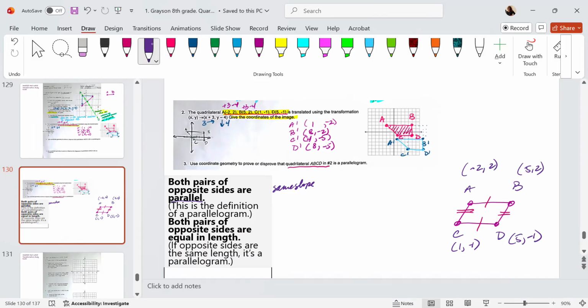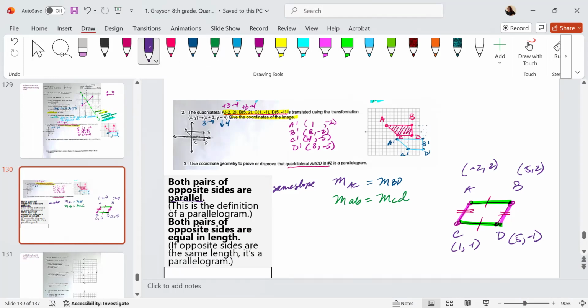Which sides are we going to look for the slope? Slope of AC has to be the same slope as which other? BD. Slope of AB has to be the same thing as? Let's find that.